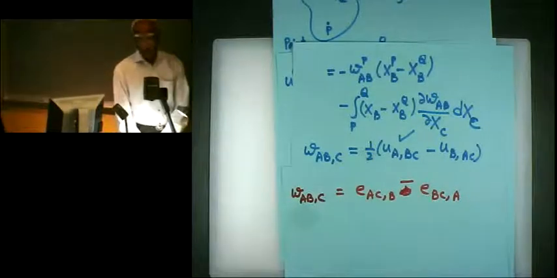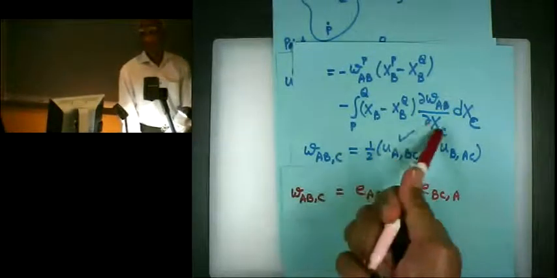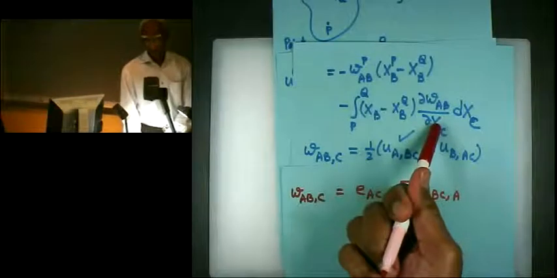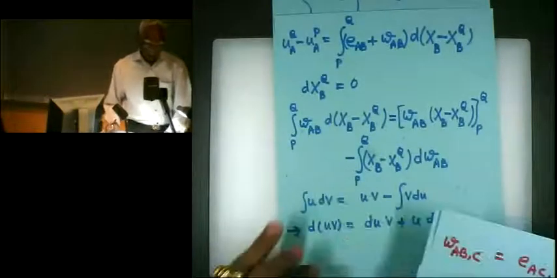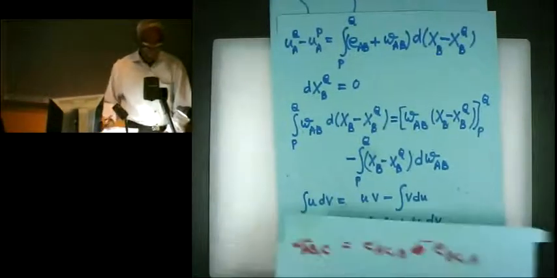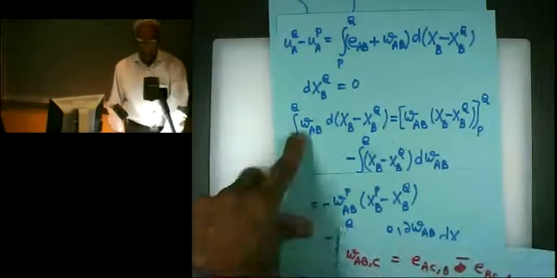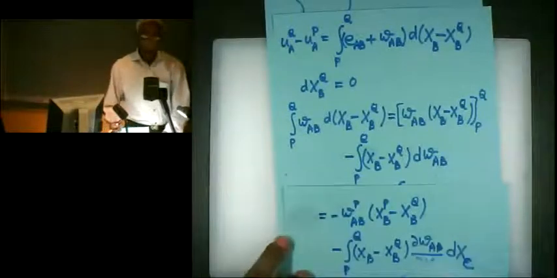And that has to go in here. Right? And that has to go in. So what we were doing is this integral was equal to that, was equal to this, equal to that, so then we evaluate this quantity. So now let's substitute for omega A, B, comma C here.